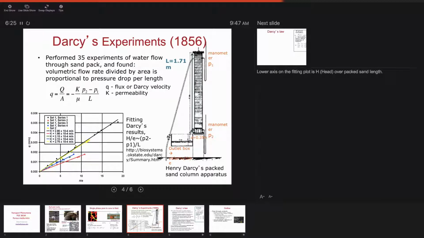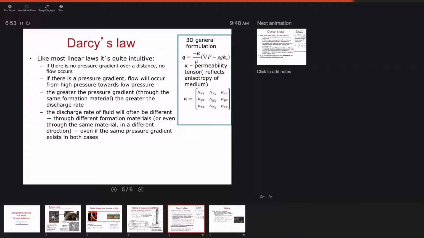Now, what you throw away in the details of the flow field through that sphere pack are the inertial effects in these small crevices, and you take just the bulk through the middle of these pore spaces, and that gives you effectively Darcy's Law. That's what we're throwing away, and we're going to go through a similar exercise to get the permeability value. So my Darcy's Law, again, it's a linear law.